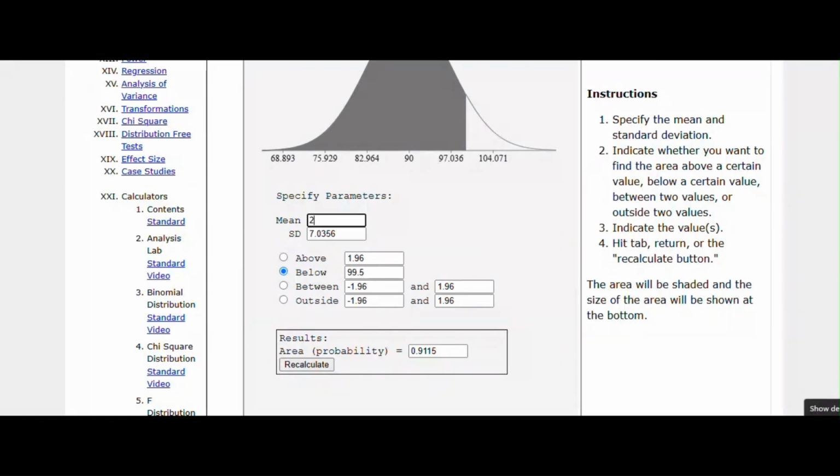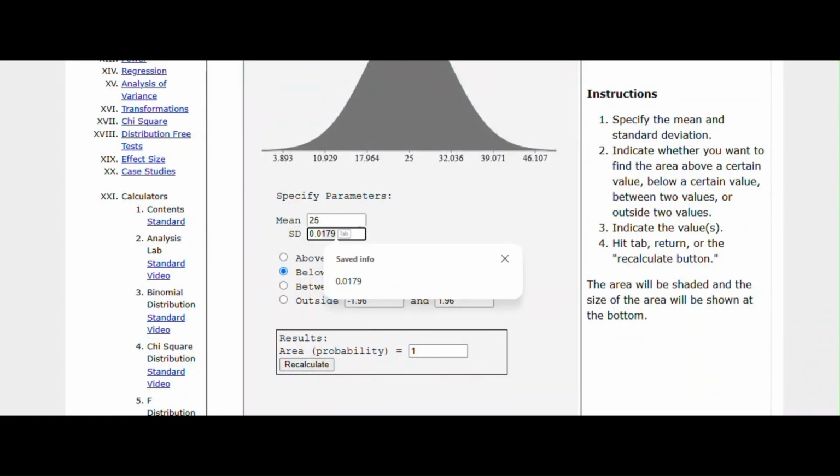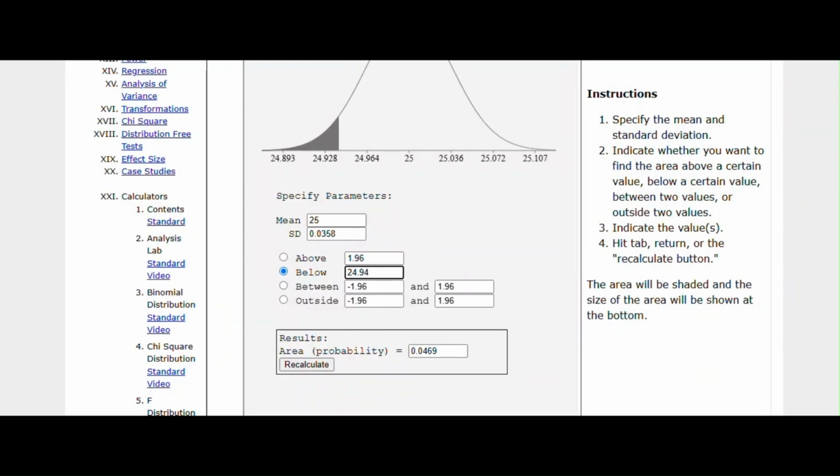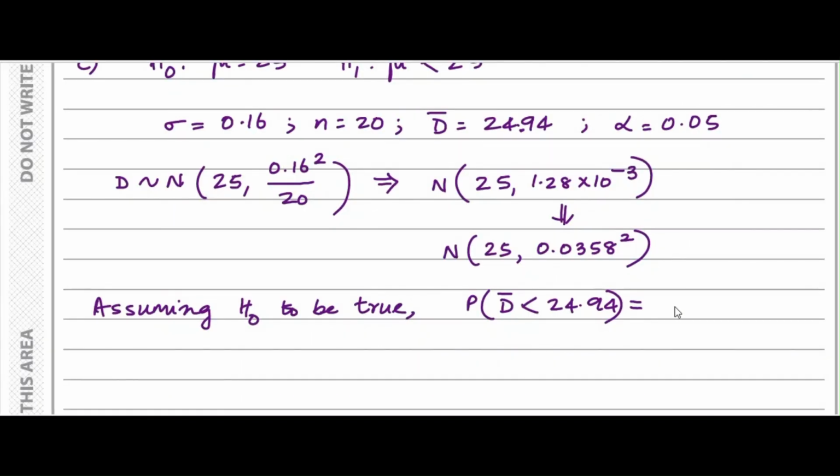So mu is equal to 25 and standard deviation is 0.0358, and we are looking at d being less than 24.94. So let's write 24.94. That gives us a probability of 0.0469.